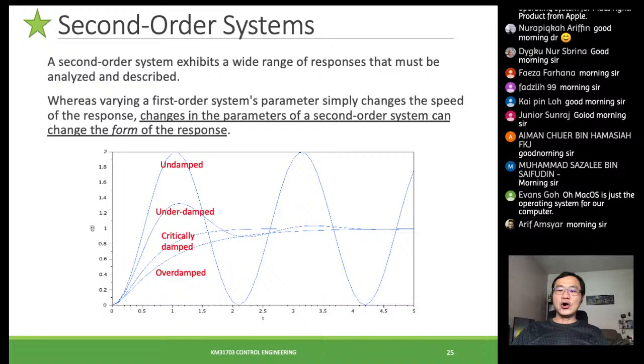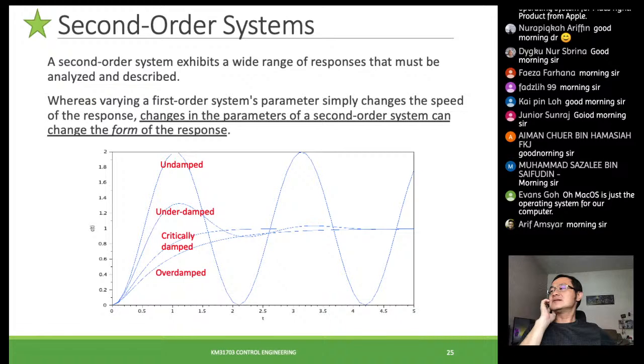From the first order system, we know that the time constant is a very important value for us to define the performance specifications like rise time and settling time, right? Now in the second order system, you can see that because it is second order, it starts to oscillate.